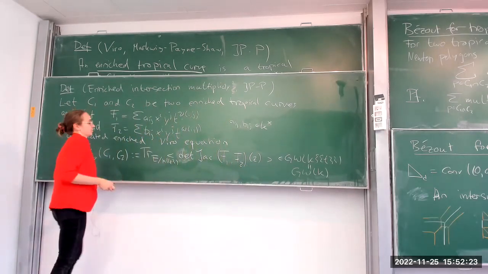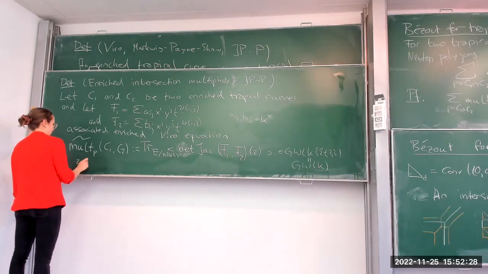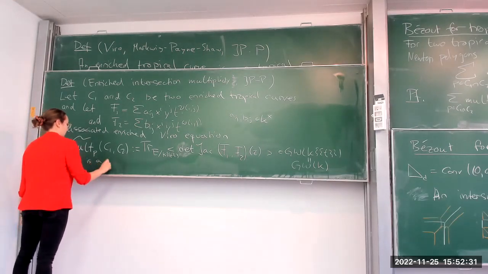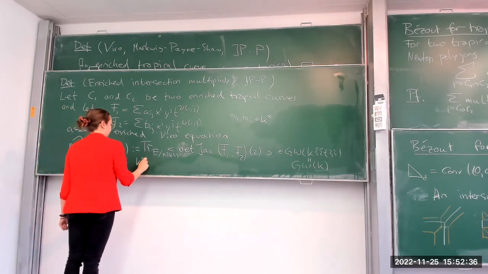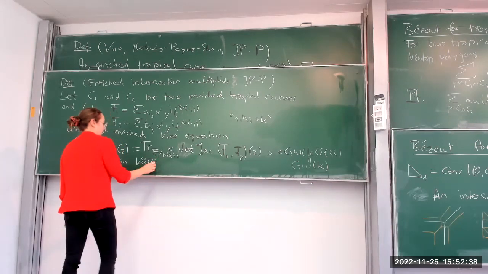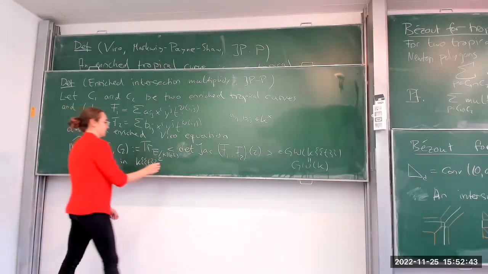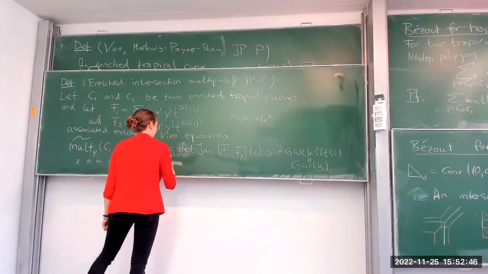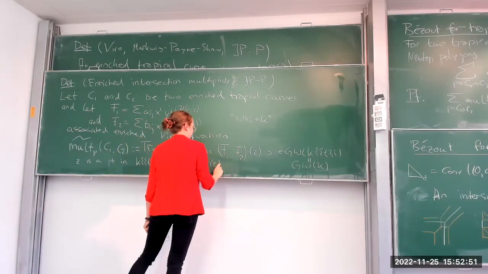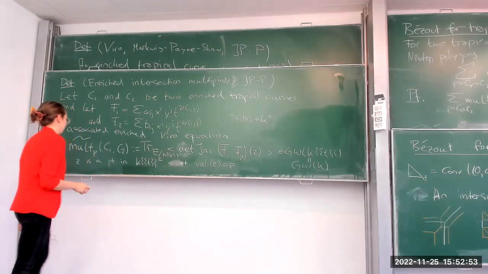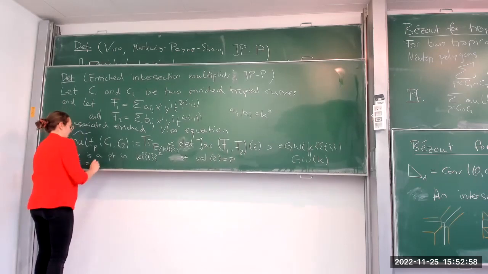So Z is a point in the plane that tropicalizes, or such that the variation of P back and E is the K-algebra.